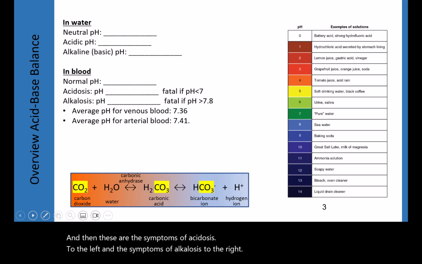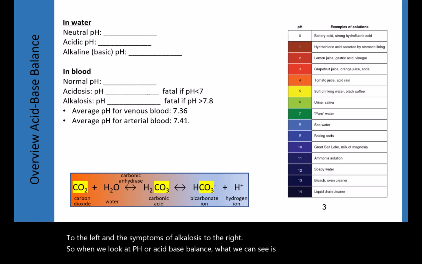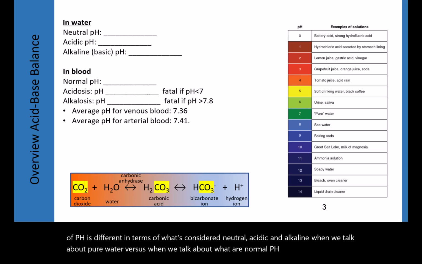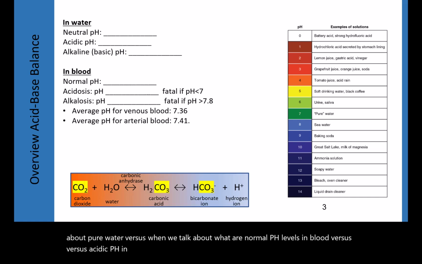So when we look at pH, or acid-base balance, what we can see is that the understanding of pH is different in terms of what's considered neutral, acidic, and alkaline when we talk about pure water versus when we talk about what are normal pH levels in blood versus acidic pH in blood and basic pH in blood.